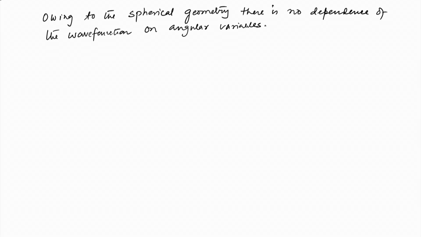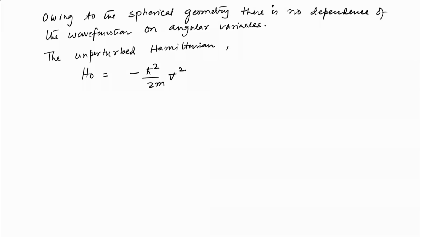So, they are independent of the angular variables theta and phi, and the H 0, the unperturbed Hamiltonian, becomes equal to minus h cross square by 2 m del square, either for electron or for hole, plus V of r.